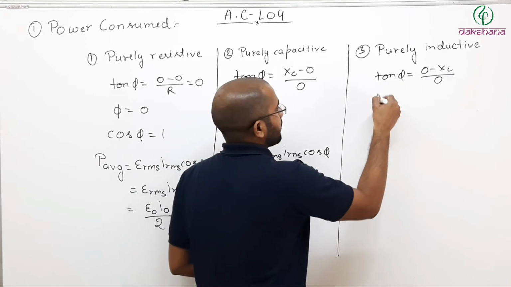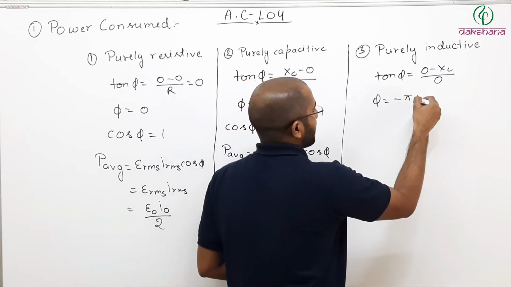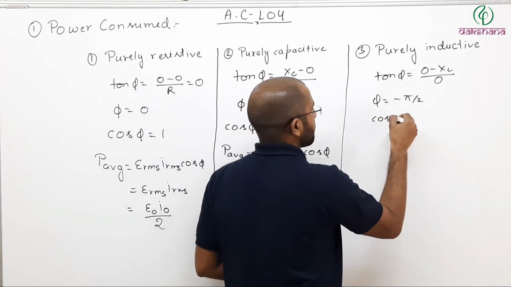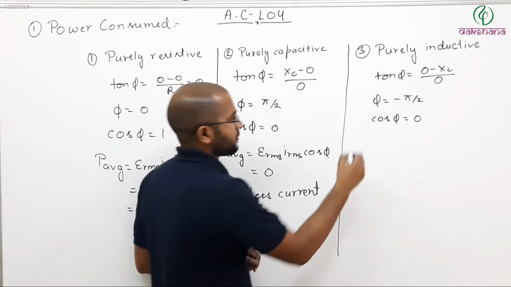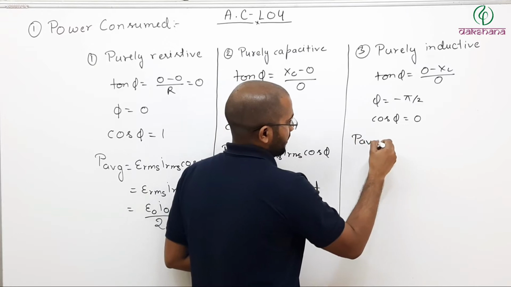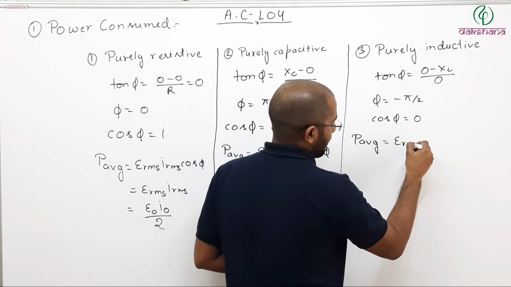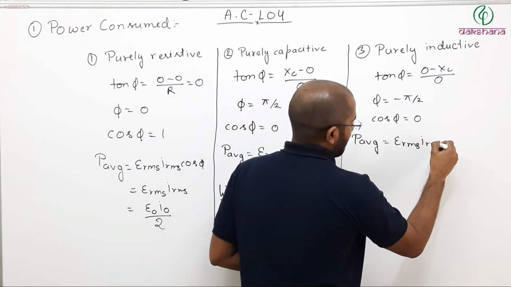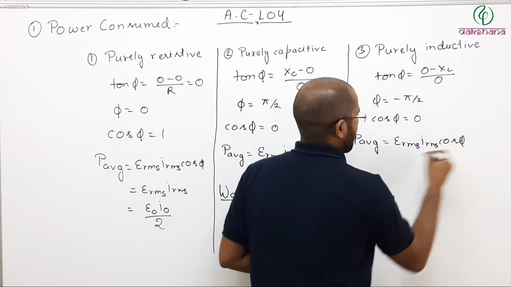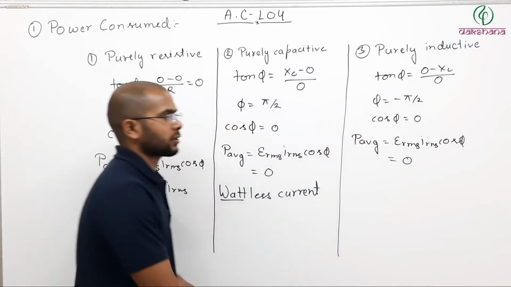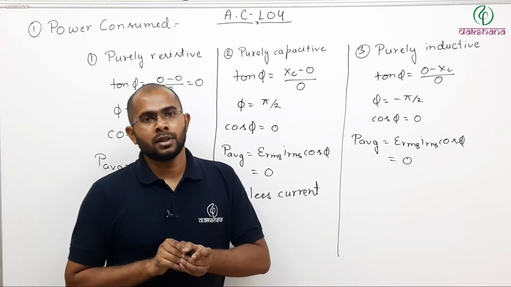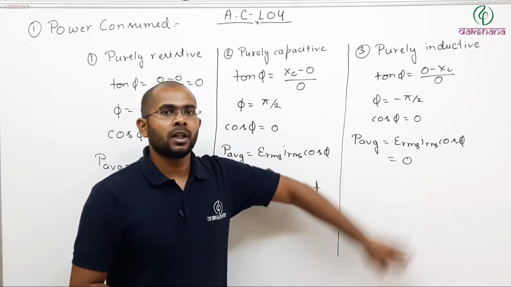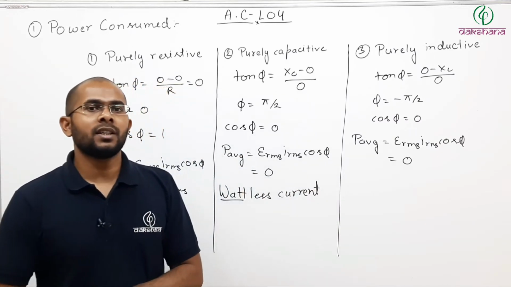So phi is minus pi by 2 and cos phi is 0. So P average equals ERMS IRMS cos phi, which would be 0. So in a purely inductive circuit also, the average power consumed or heat loss will be 0.